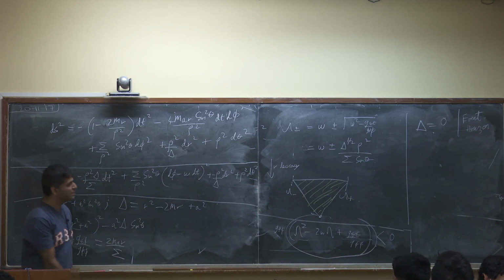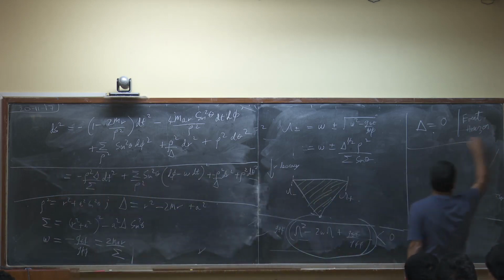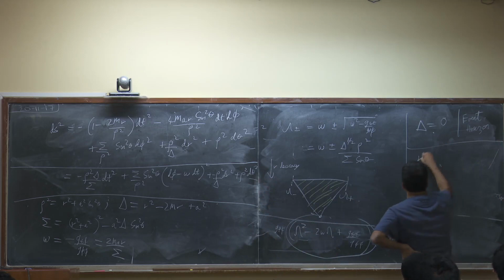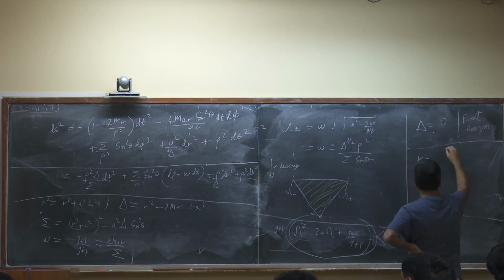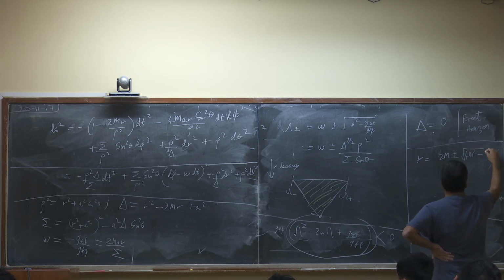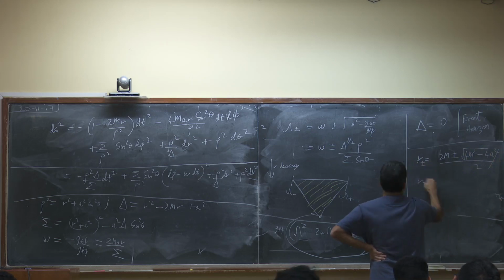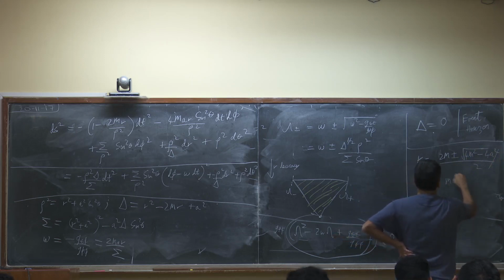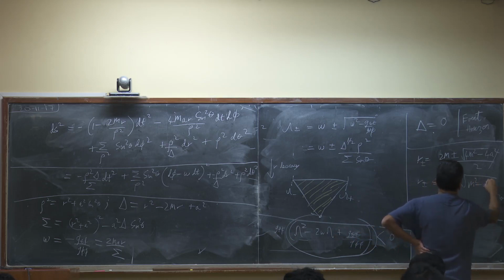Now let's go back to our expression for delta, and this time we'll use r plus minus. Solving the quadratic, r plus minus is equal to m plus minus the square root of m squared minus a squared.